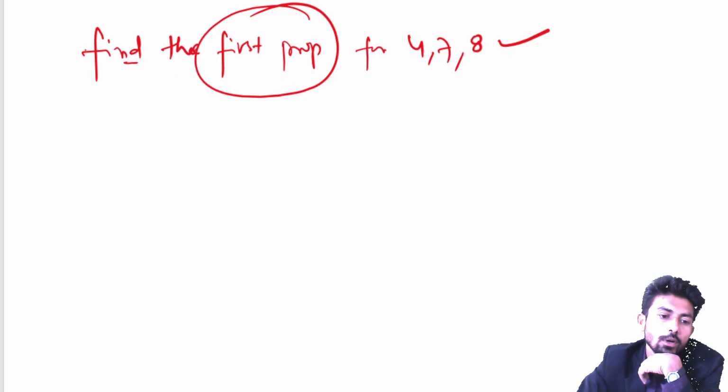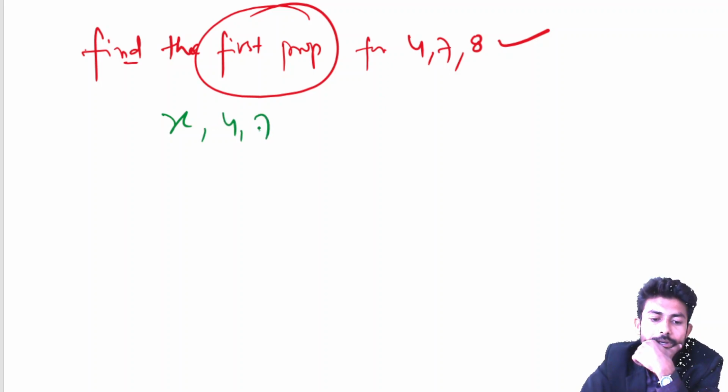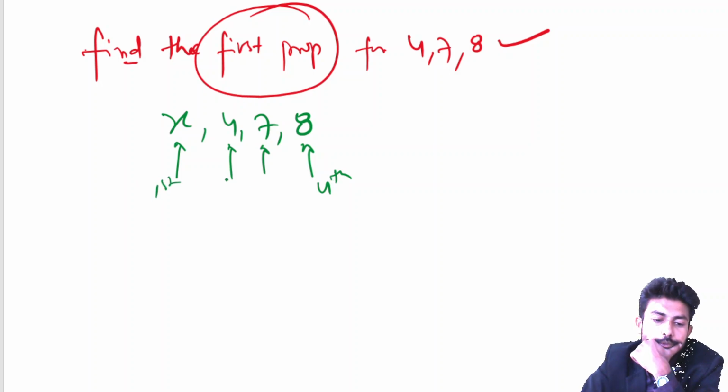Three numbers are already given, so let the first number be x, which we need to find out, and the rest of the numbers are 4, 7, 8. This is the first proportion, this is the second, this is the third, this is the fourth. So x by 4 will be equivalent to 7 by 8.